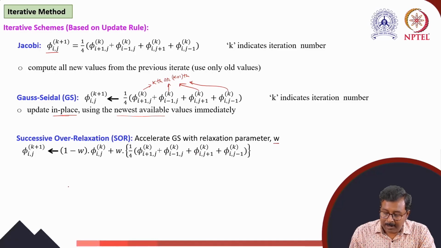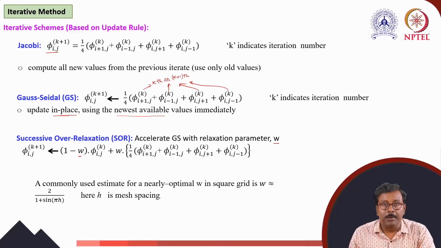However, the choice of the value of W is very crucial for achieving convergence. A commonly used, nearly optimal value of W is generally given as 2 by 1 plus sine pi h, where h is the mesh spacing.